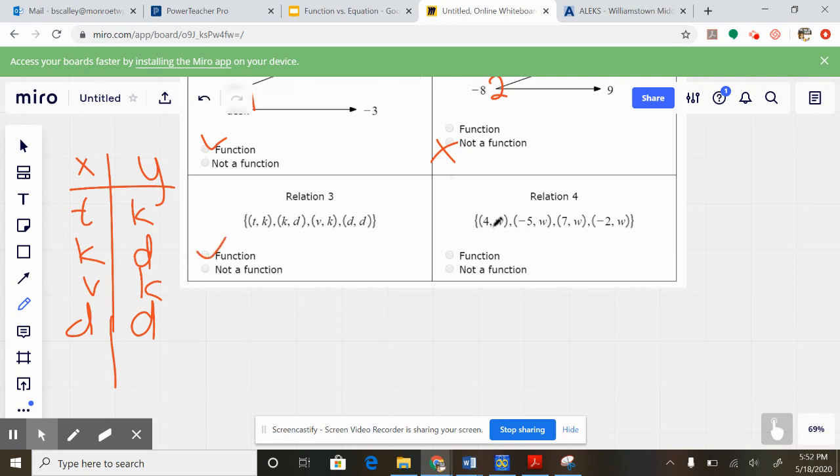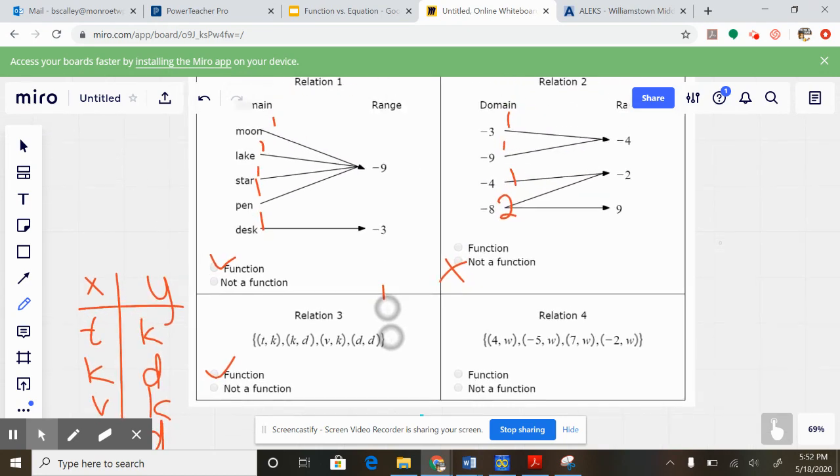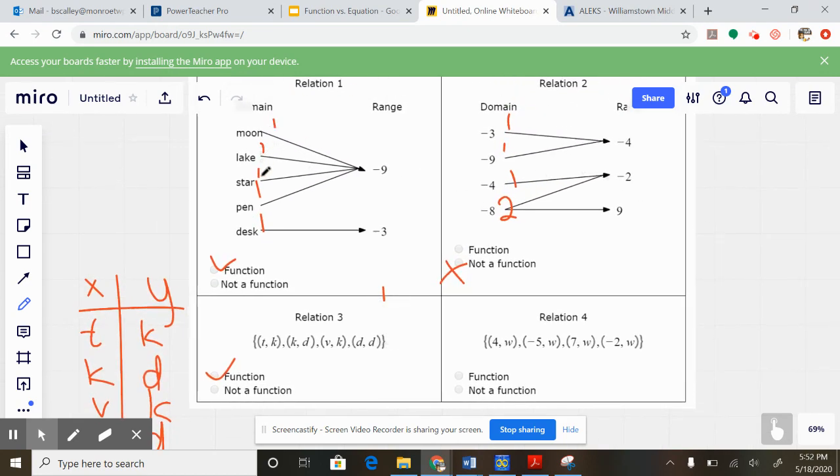And the last one here, input 4, one answer. Input -5, one answer. Input 7, one answer. Input -2, one answer. This is kind of like this mapping diagram in the top, where there was a bunch of different inputs that had the same output.